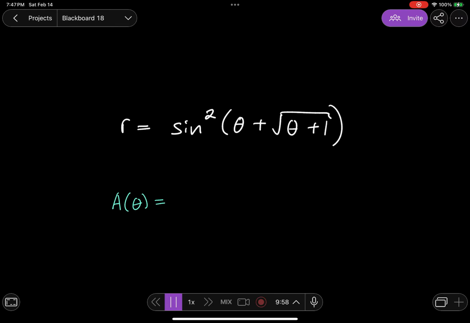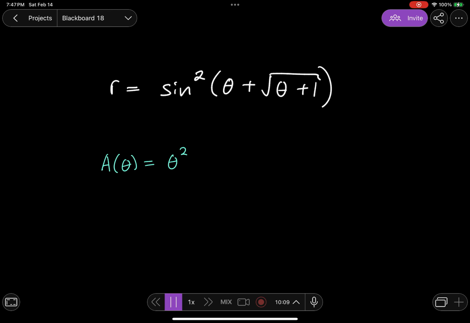Let's see. So I want to ask myself, what is the outermost function? And I'd say a of theta is equal to theta squared. And then I could say that b of theta, or whatever, is equal to sine of theta, because that's going to be the next innermost function.